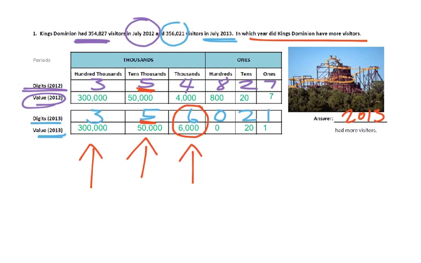And I know that because, look, the 6 represents 2,000 more than the 4 in the thousands place. Okay? So it wasn't quite 2,000 more people that came, but it was definitely well over 1,000 more people that came. All right, I'm going to give you a moment to get that down. But if you need to, you can always pause the video.